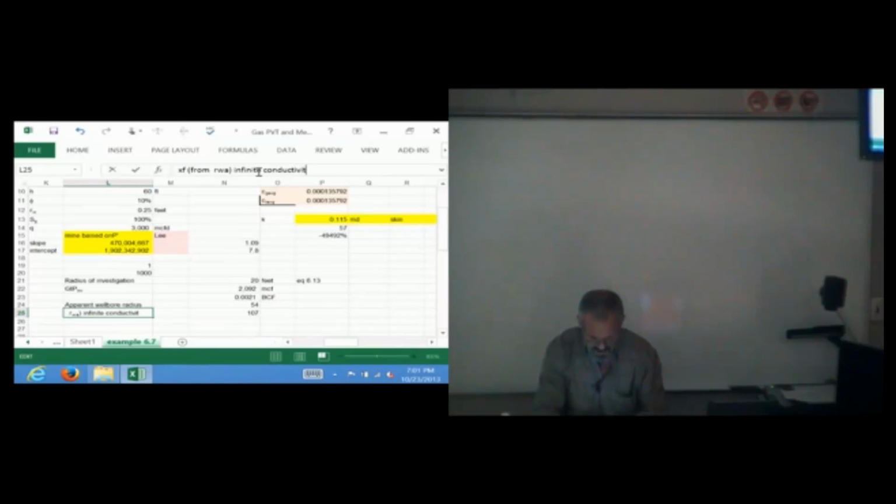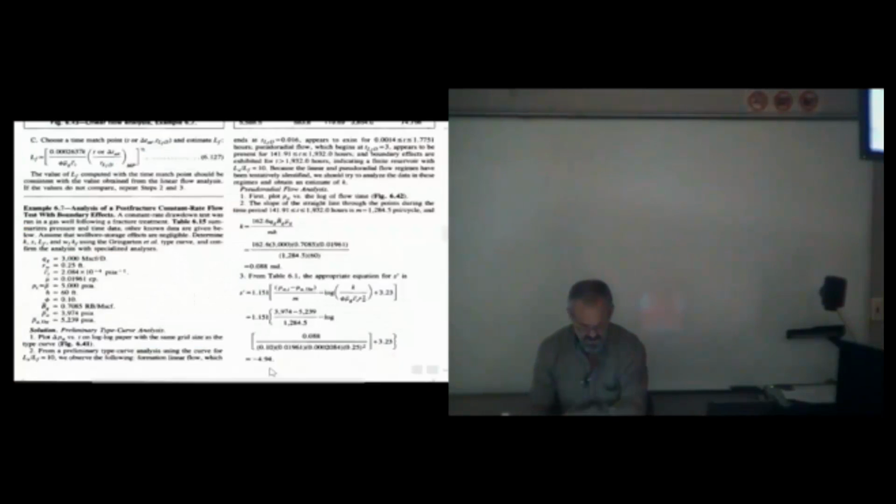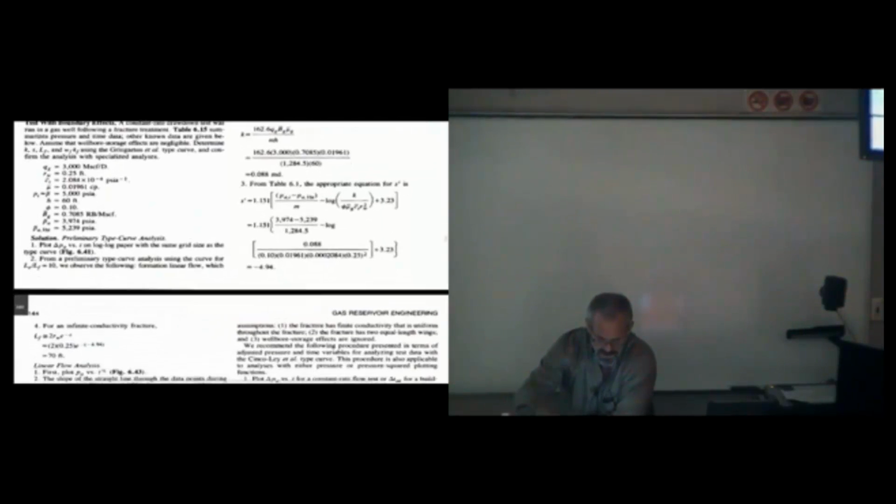Why is it double of the apparent wellbore radius? What? It's RWA divided by 2? Is that what you just said? No. Why is this so? Why is it double of this? Why is it double your radius? I think I'm understanding you.